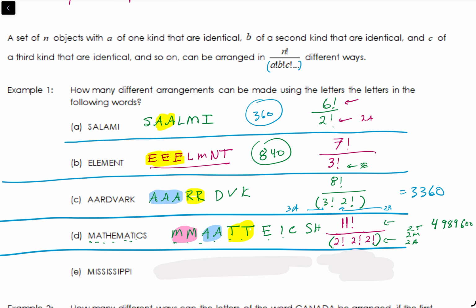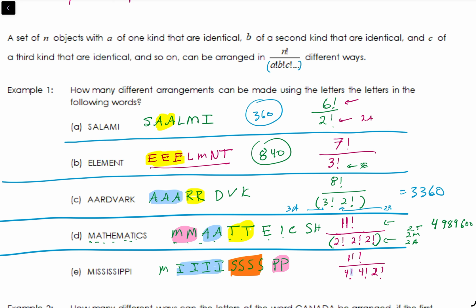The word Mississippi, like what we've done before, I'm going to decompose my letters. What I notice in Mississippi is that we have 4 I's, 4 S's, 4 P's. So I count up the number of objects that I have in Mississippi, or number of letters, and there are 11 of them.